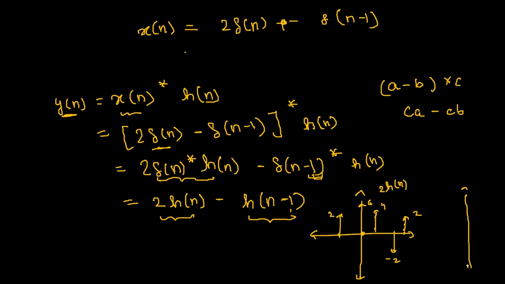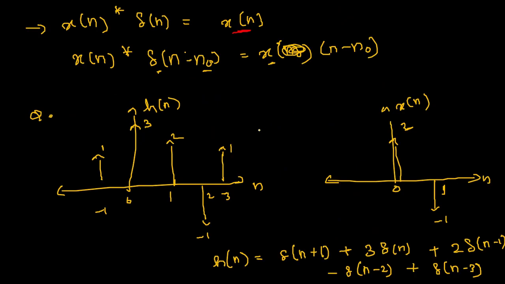So now let's plot the graph for, let me just go to the next page. So let's plot the graph for h of n minus 1. So what happens here is the entire graph is shifted towards the right by 1 unit because you are time shifting it by plus 1, right?